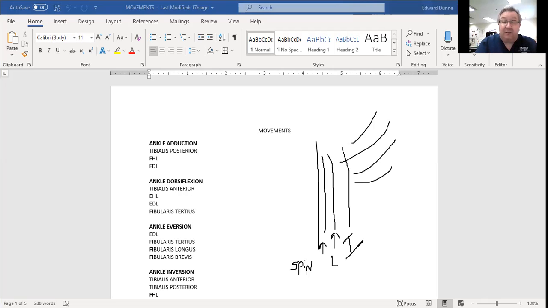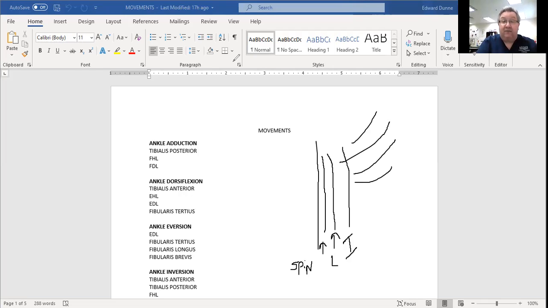The spinalis, which is closest to the spine, remember, spine, spinalis. The longissimus, which is the middle muscle, and the iliocostalis, which is the most lateral muscle, and it sits closest to the ribs. Remember, costo means ribs. All right, so we'll take that off.